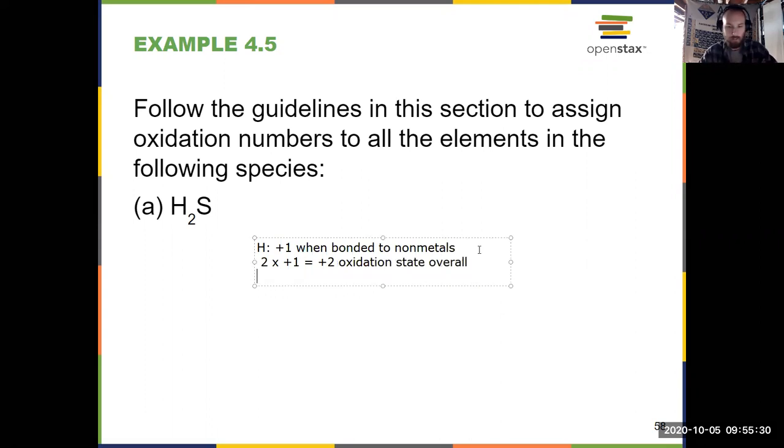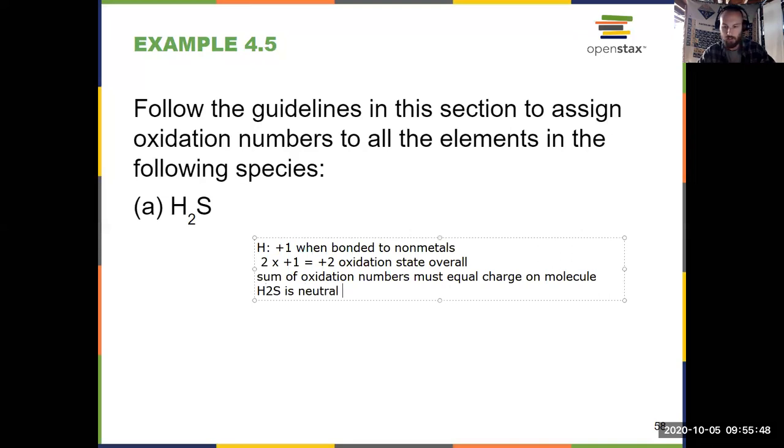Rule 4 tells me that the sum of the oxidation numbers must equal the charge on the molecule. H2S is neutral, therefore the charge is equal to 0. Oh, made a smiley face there on accident. Okay.